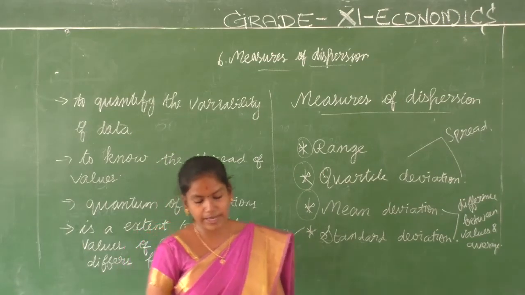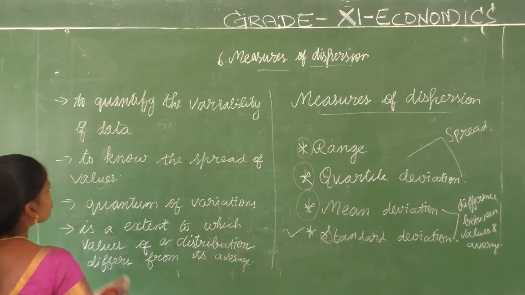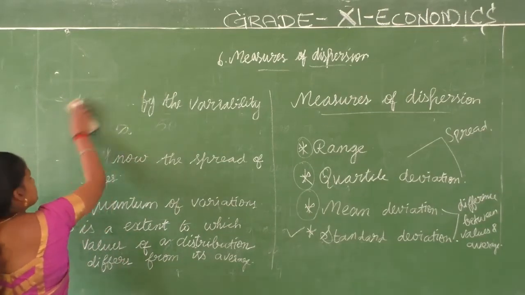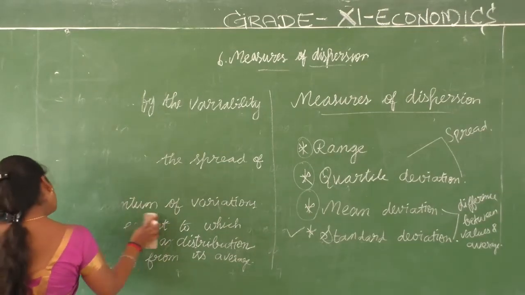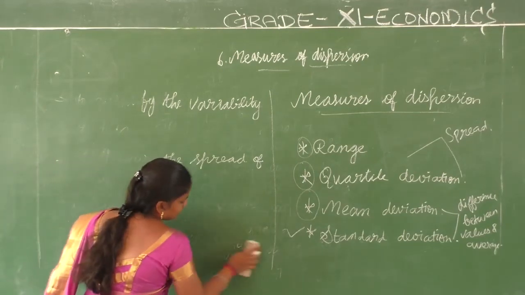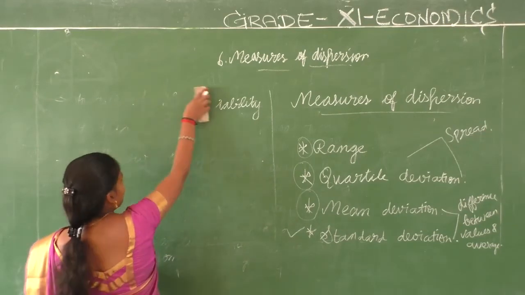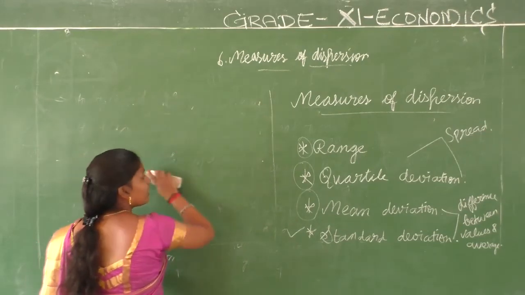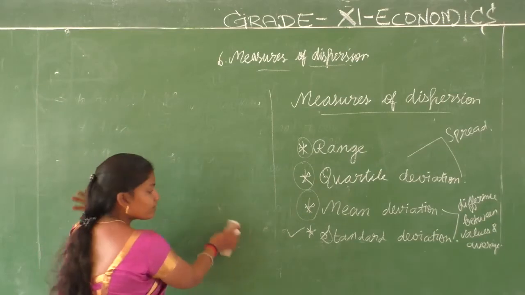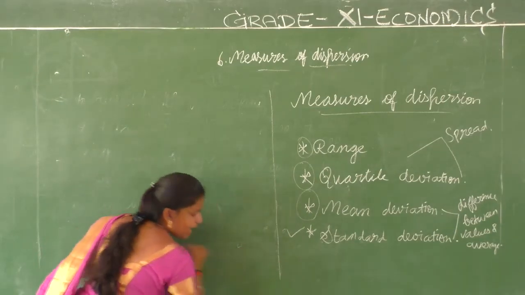So measures based upon spread of values is what we are first going to quickly go through. We use measures of dispersion for what, children? For understanding the variations, to understand the quantum of variations in the data, in the frequency distribution that we have.